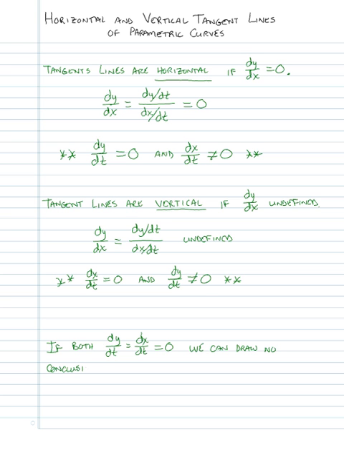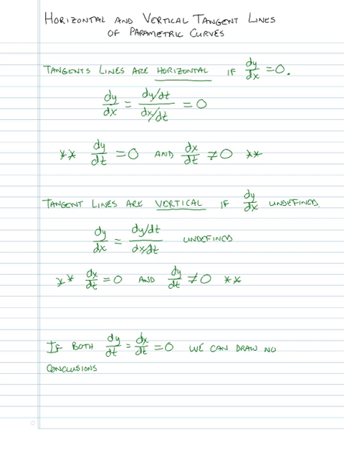We're looking for values of the parameter where derivatives are 0. And if we find a value of the parameter t where both derivatives are 0, then we don't know whether we have a horizontal tangent line there or not, because we would have the derivative of y with respect to x being an indeterminate form. And when we have an indeterminate form, there's no telling what the situation is. So we have to have one 0 and the other not.